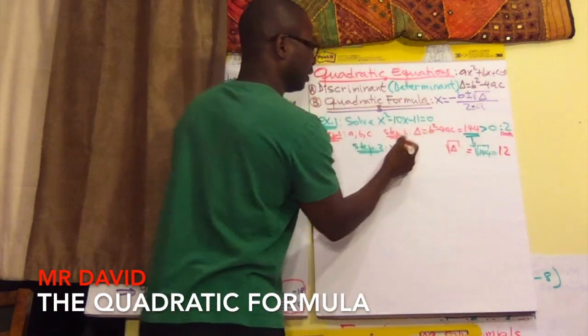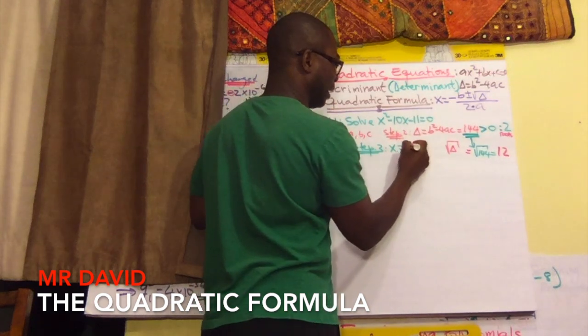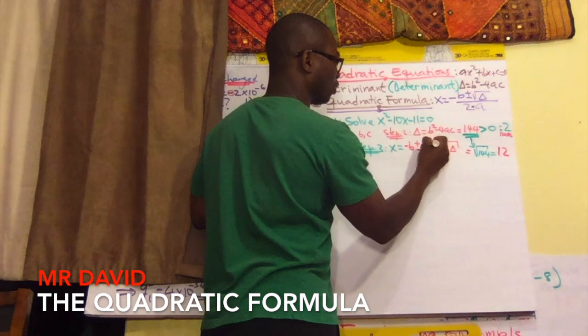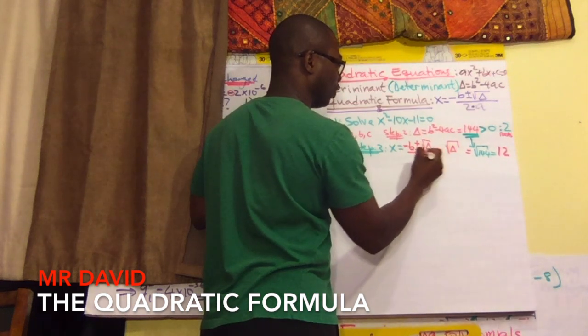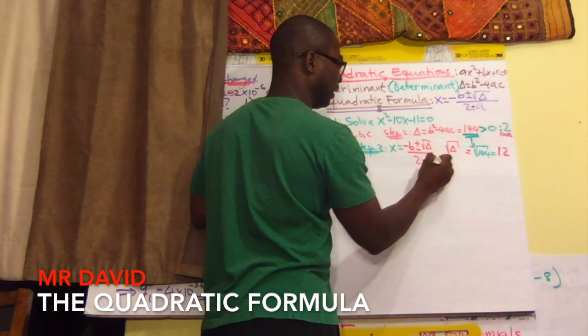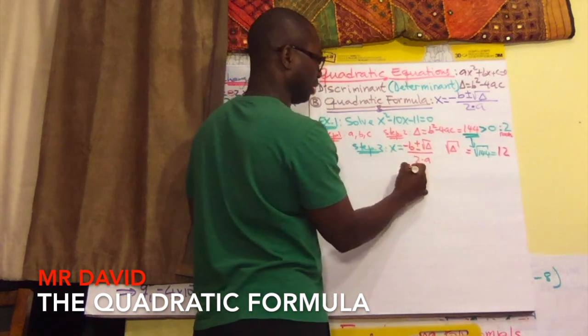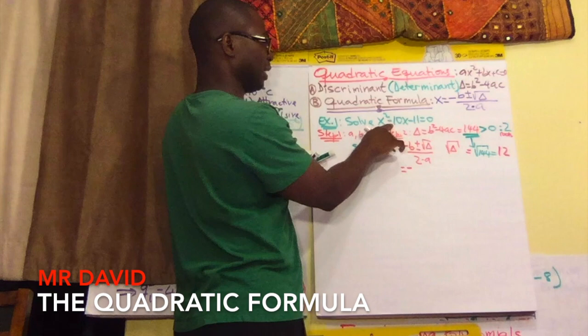So x is minus b plus or minus square root of delta over 2 times a. Let's see what it gives us. What is negative b? b is negative 10.